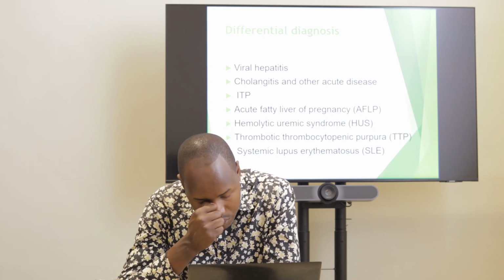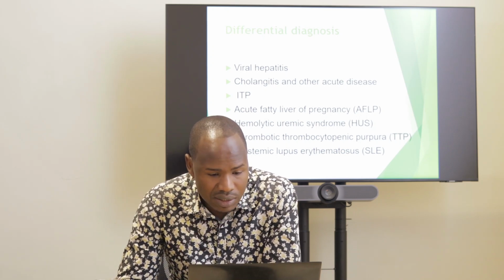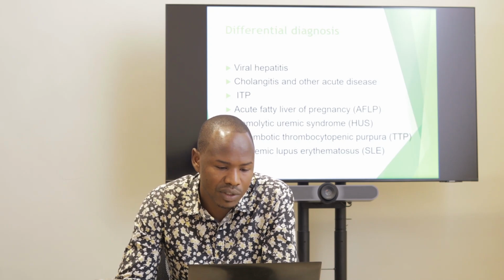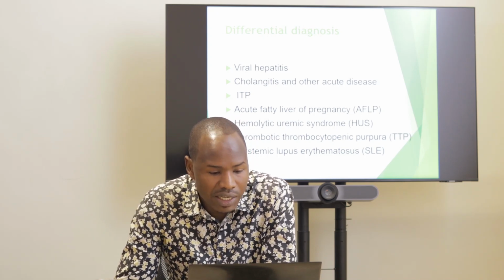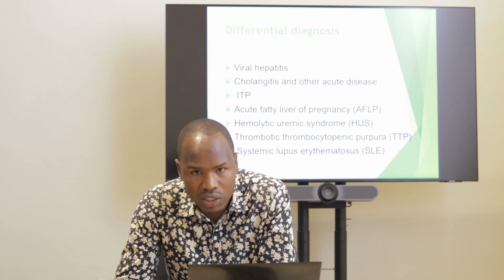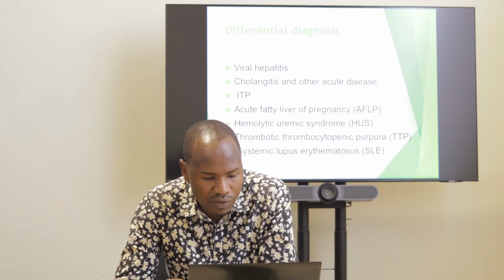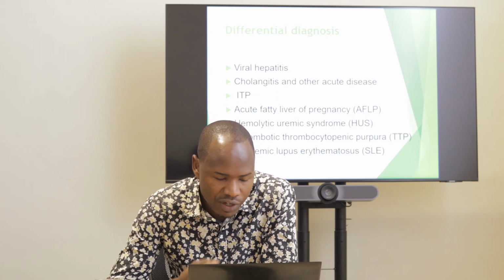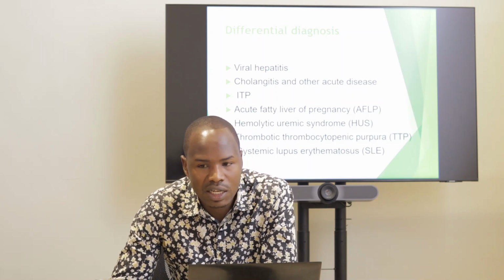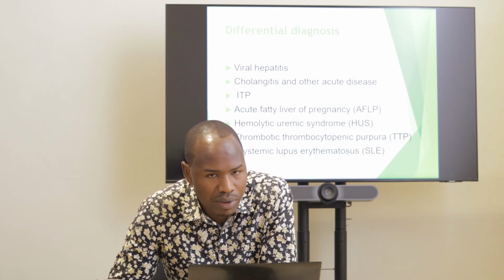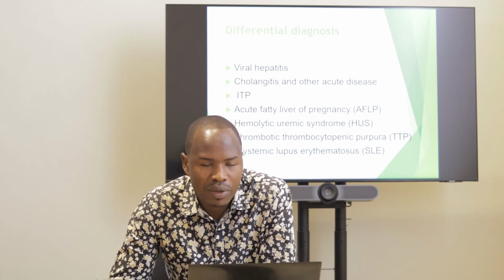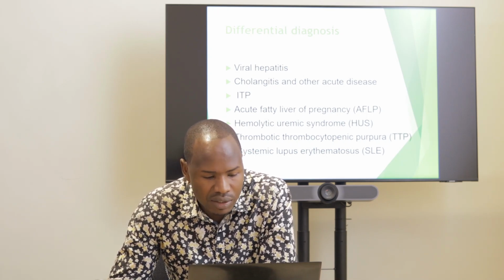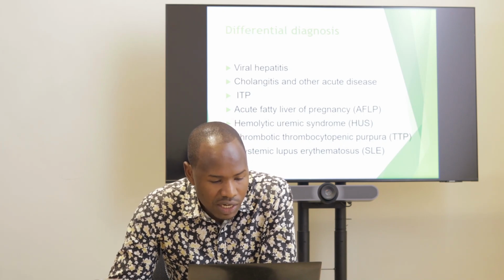The differential diagnosis of the clients with preeclampsia means there are many diagnoses that can be made based on the findings or complaint of the client. It can be viral hepatitis, as the client may complain of right upper quadrant pain or epigastric pain, and you can palpate and she can feel pain or tenderness.